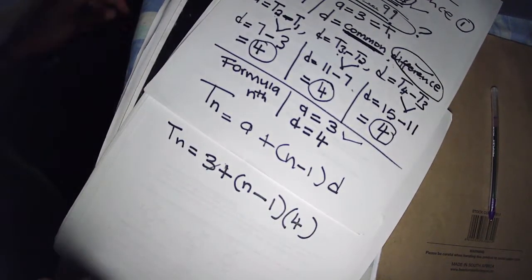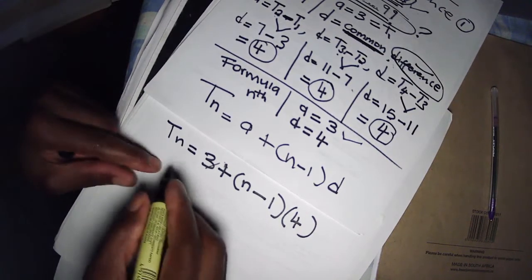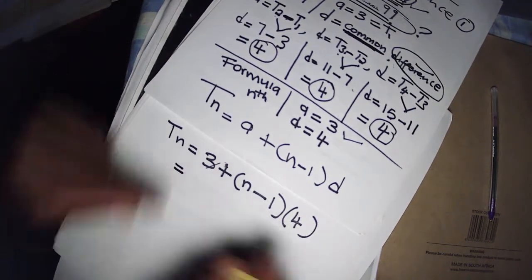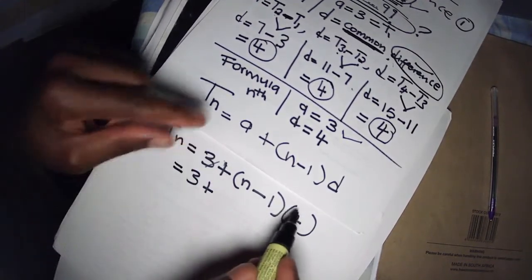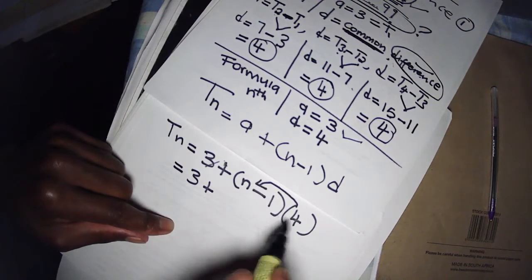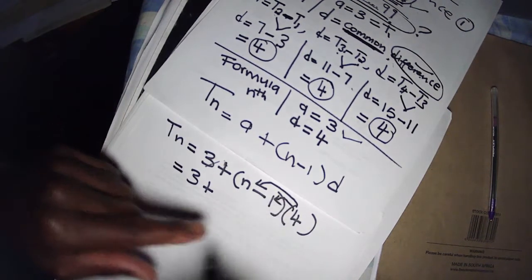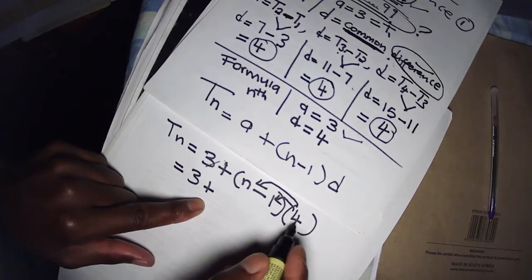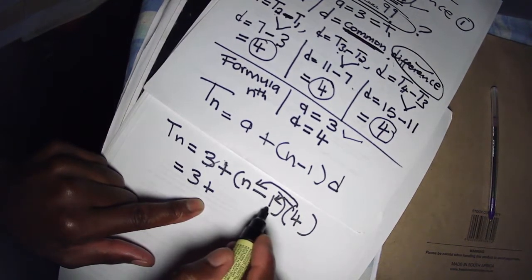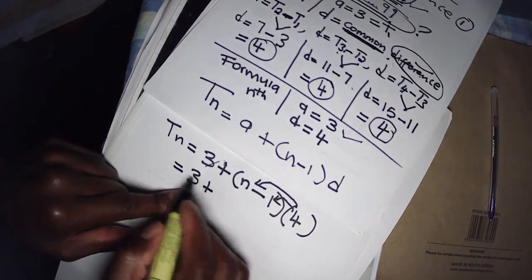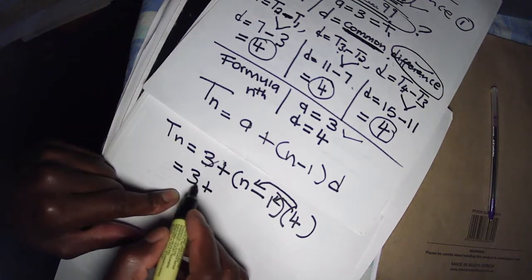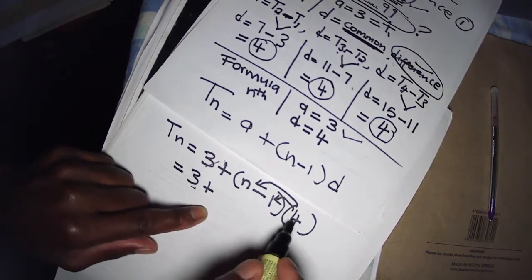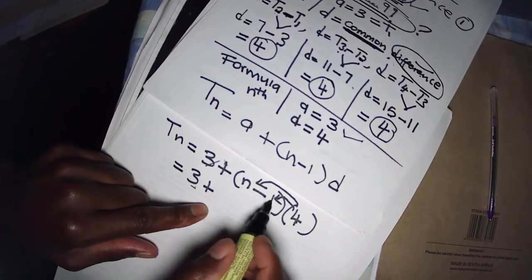Okay, so D is the 4, and let us just do the math here. 3 plus, you multiply inside the bracket with the 4. We are going to get, let me start with the 1, since we have a constant number here. 3 is constant, so let's just do 4 times the negative 1.